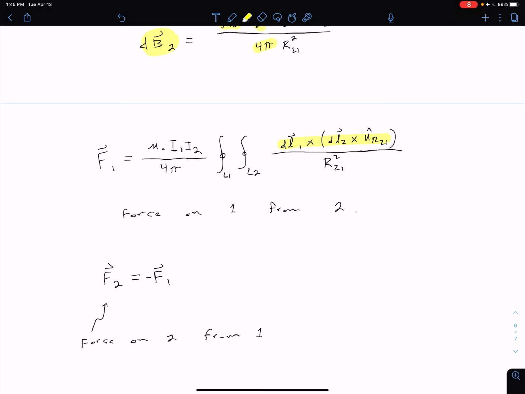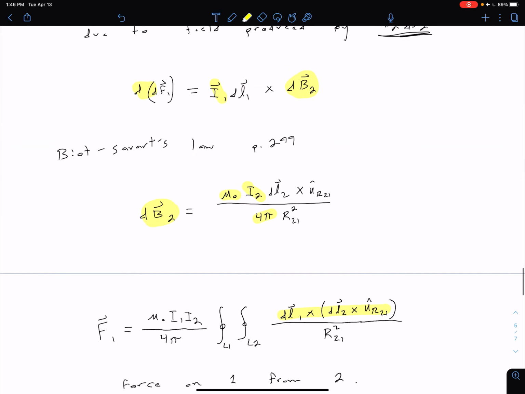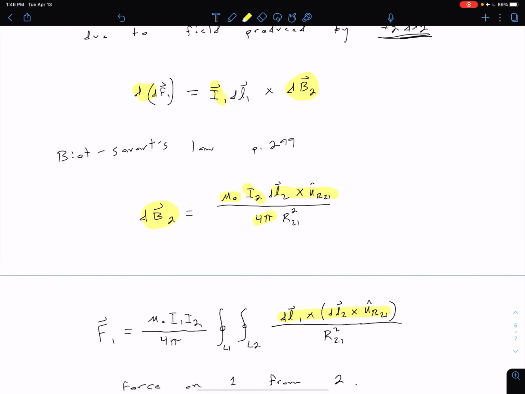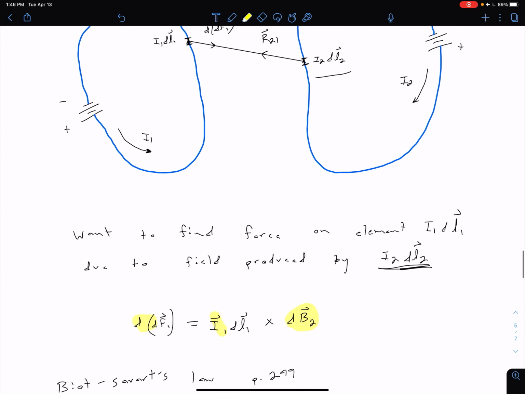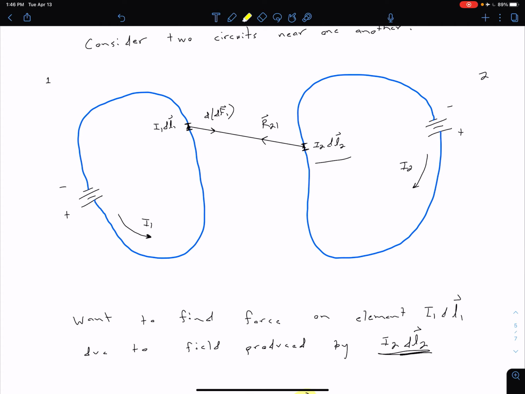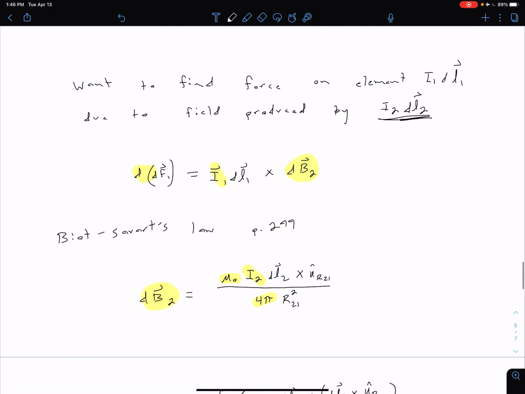So instead of our dL2 in this term right here, we're going to have our dL1 cross the unit vector, and our unit vector is now going in the opposite direction. So it's going from 1 to 2, in this direction. And we're also switching, now this is going to be I2 times dL2.